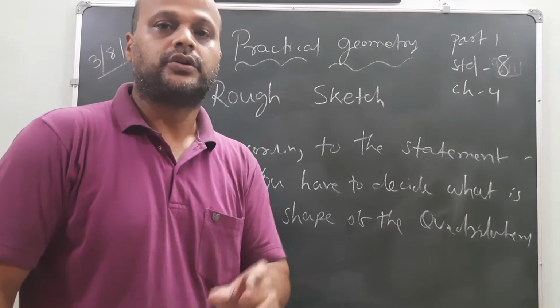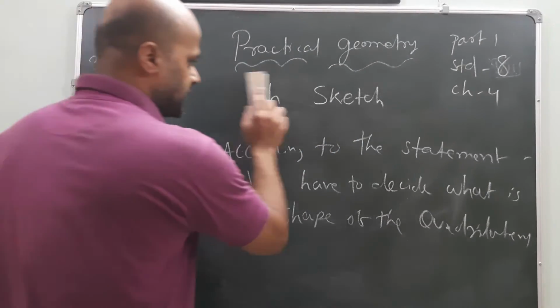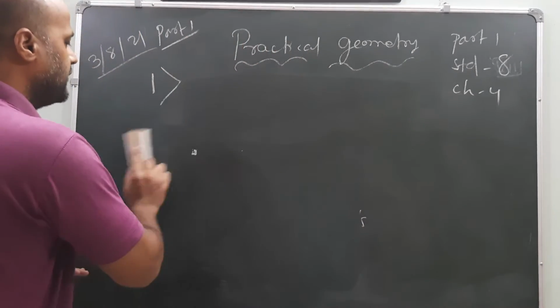So the first one is a rough sketch. Suppose let's take an example. Various kinds of examples are there, but we will take one.